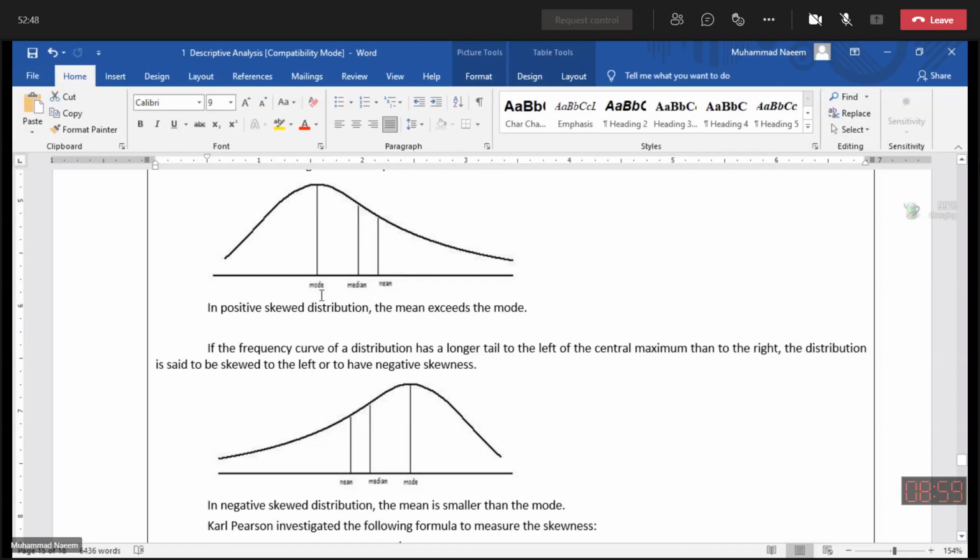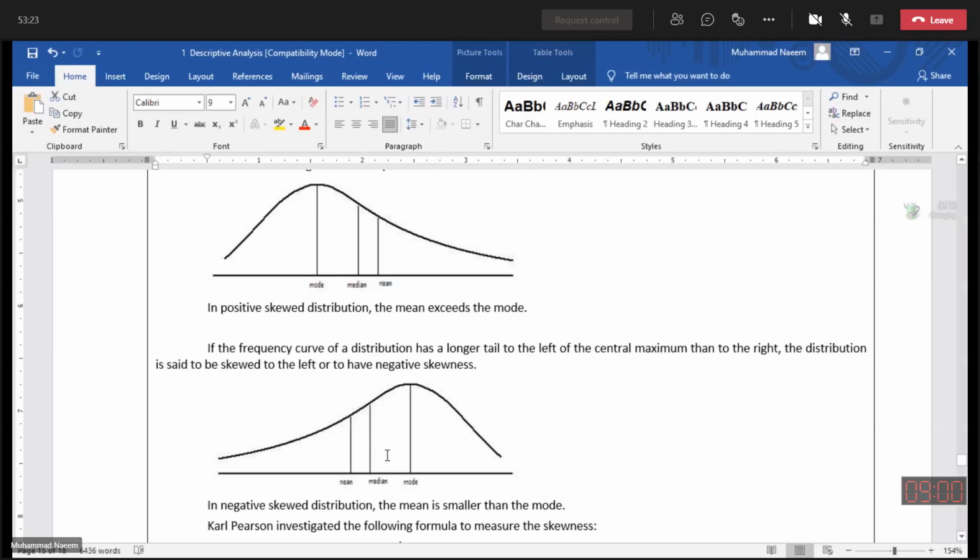Values are on the x-axis, so on the left hand side we have lesser values, and on the right hand side we have larger values. So when mode is less than median, or mode is less than mean, or median is less than mean, any one of these three clues, we will say that the distribution is positively skewed.